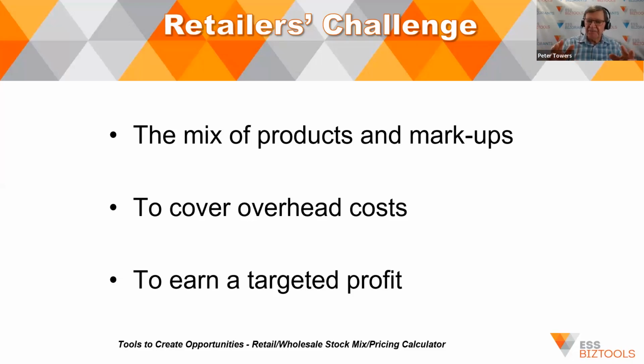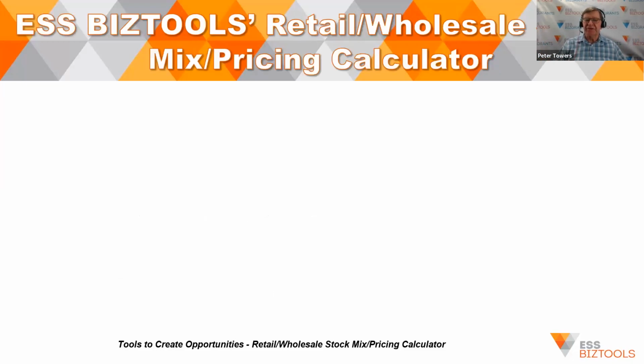In the professional services firm charge out rate and the tradies charge out rate calculators, which are in the same package as the retail price manipulation to achieve a profit, we have treated labour quite separately, but in this one, labour is really part of the overhead expenses. And obviously the aim is to earn a targeted profit.